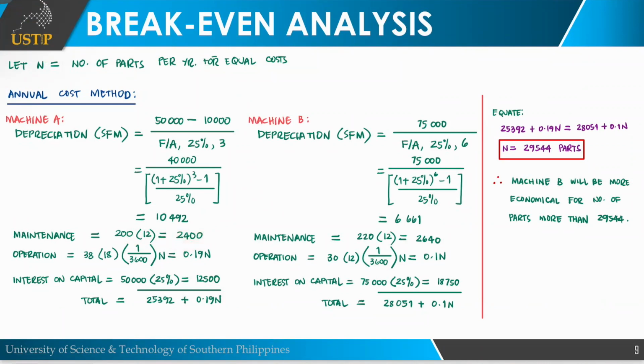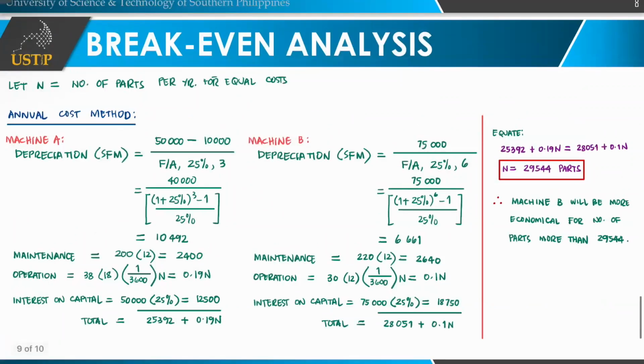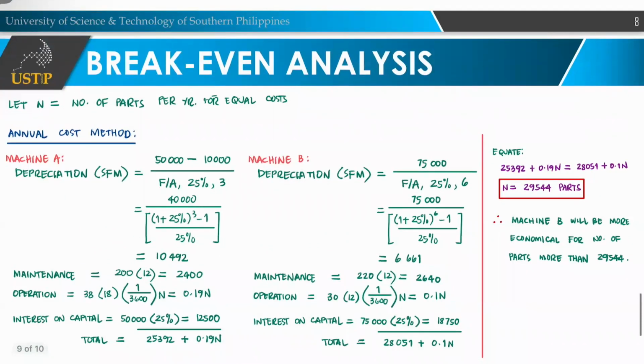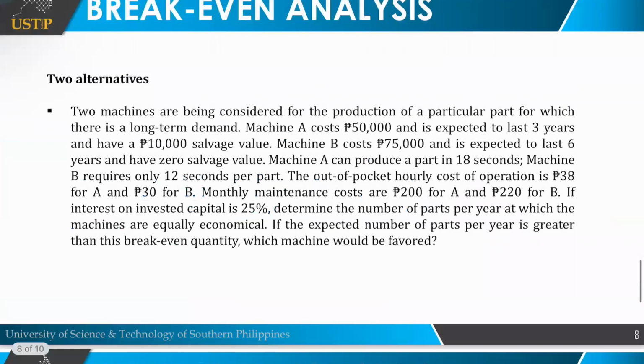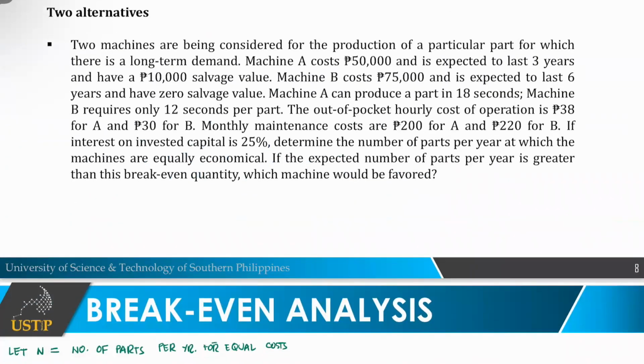Okay, let's go to the operation. This part is a bit tricky because the problem does not directly give the number of units. It says that machine A can produce parts in 18 seconds, and the cost of hourly operation is 38 pesos.